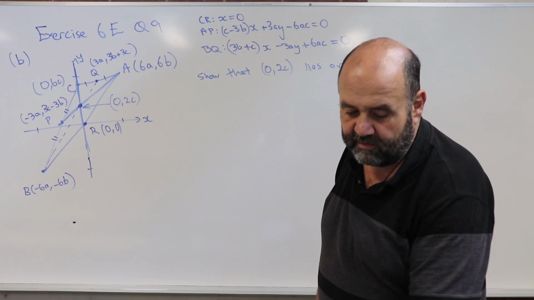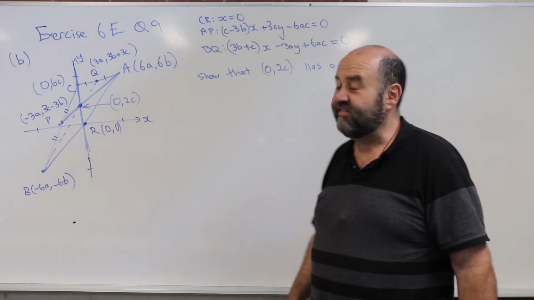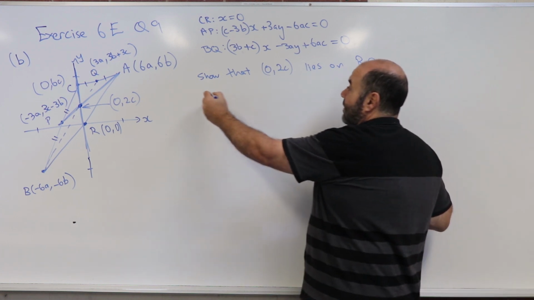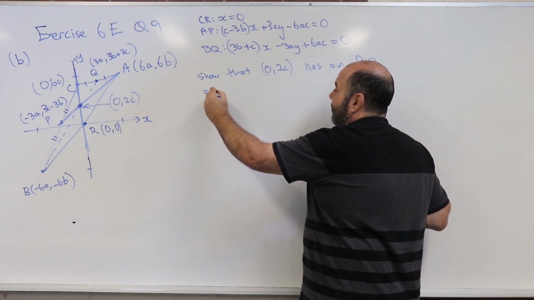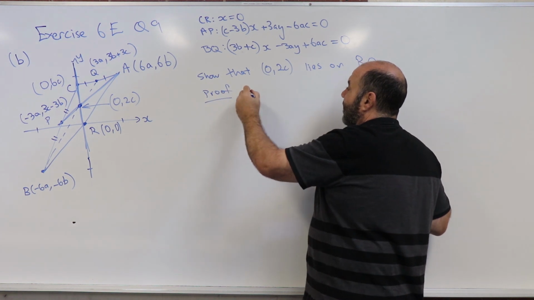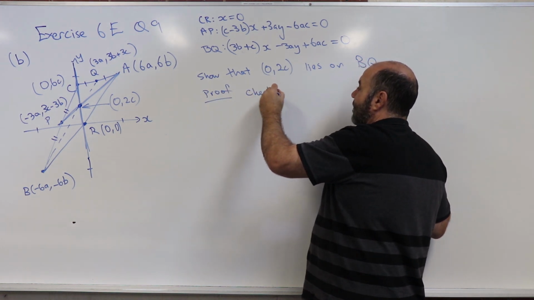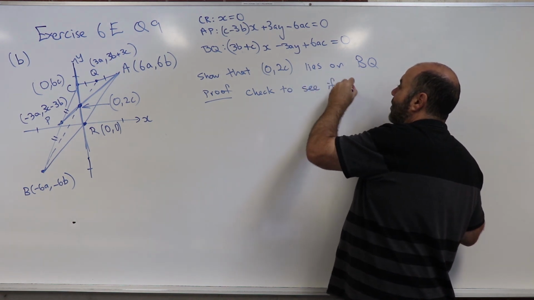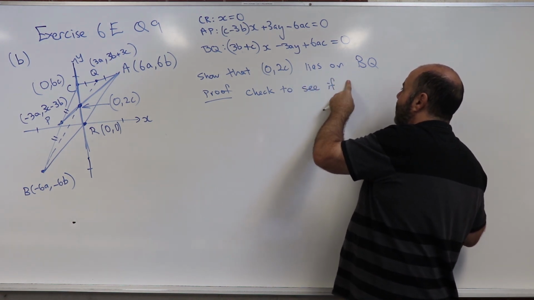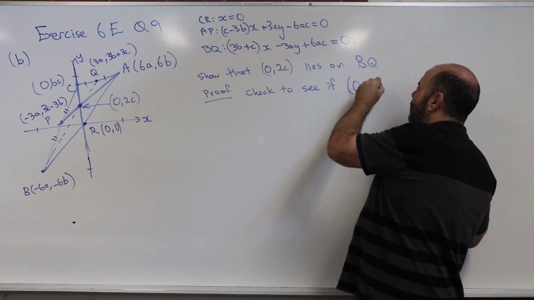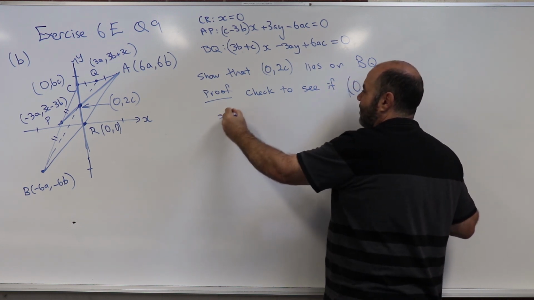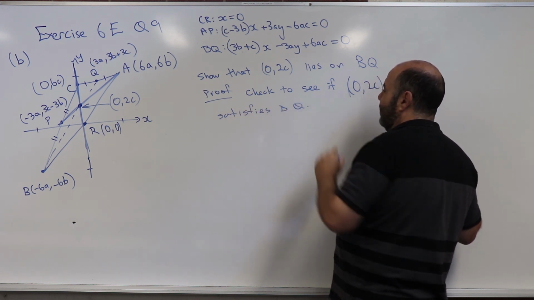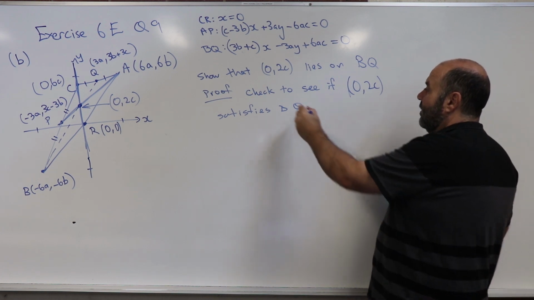Well, the way we're going to do that is we're going to use our proof. We're going to check to see if 0, 2c satisfies BQ. Okay, let's do that.